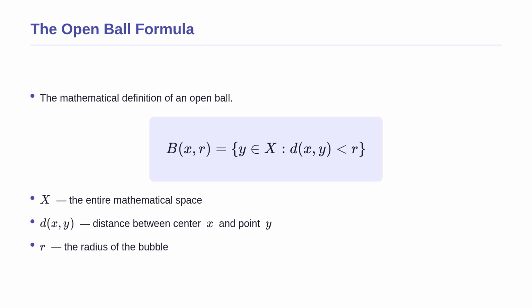The function d of x and y measures the exact distance between our center point x and any other candidate point y. Finally, r is the radius, which dictates exactly how large our spherical bubble is allowed to be. If we increase the radius, the bubble expands to include more points. If we decrease it, the bubble shrinks, forcing us to look only at points that are extremely close to our center.